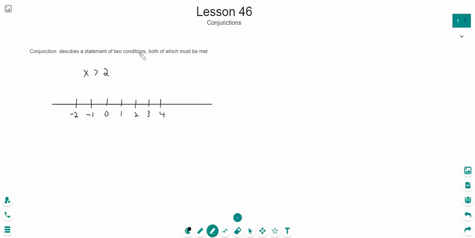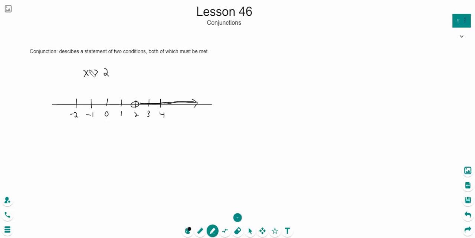Then we have to show that x is greater than 2. So we would use a hollow circle around the 2, indicating that it can't be equal to 2, but it could be anything greater than 2. So anything going forever in this direction. All right, and that's just review.